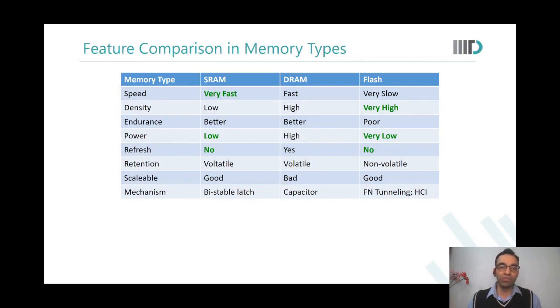Area would double. We don't want that. Therefore, we say we will keep 1T and 1C, but every now and then we will refresh the data. We will put the charge on the capacitor again. Understood. Thank you, sir. So that's a quick overview of different kinds of memories that we have.